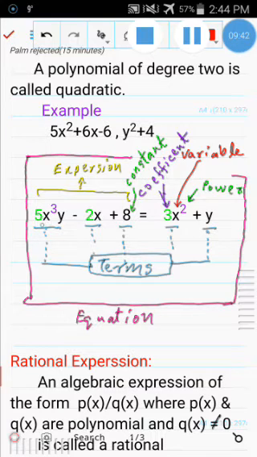And this expression 5x to the power 3y is a term, and this one is also a term, 8 is also a term, 3x to the power 2 is also a term, y is also a term.